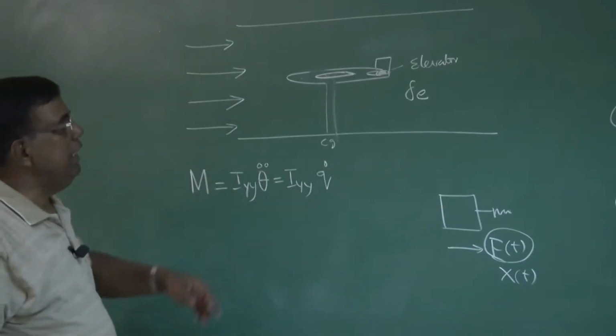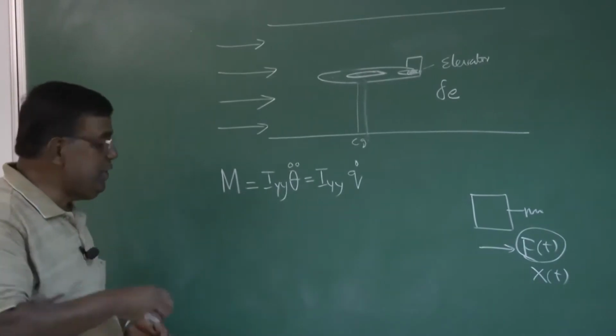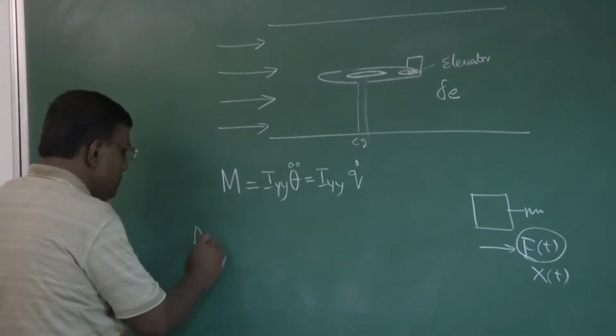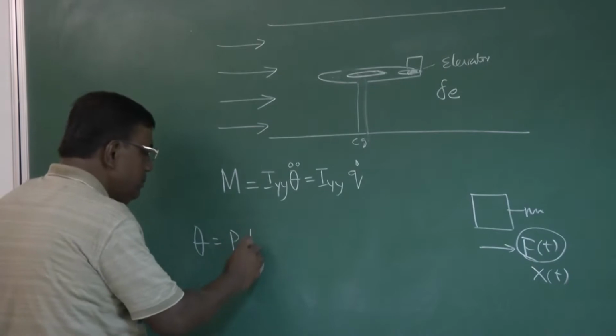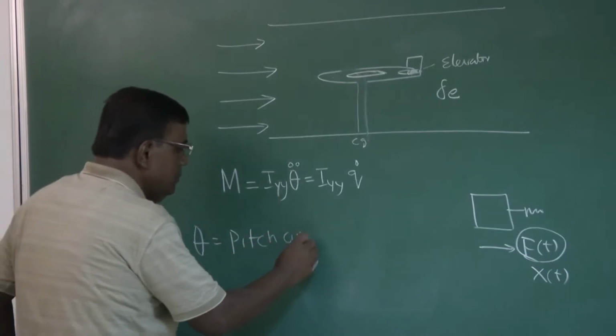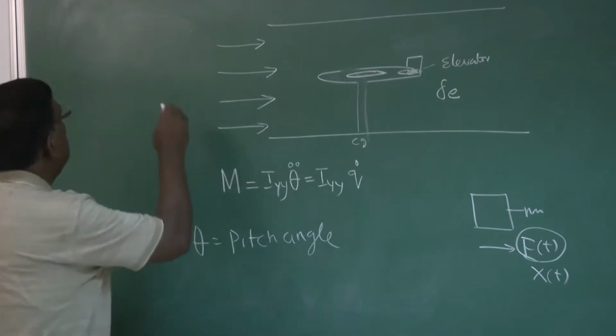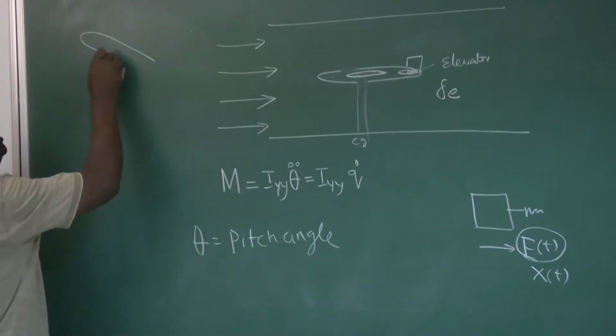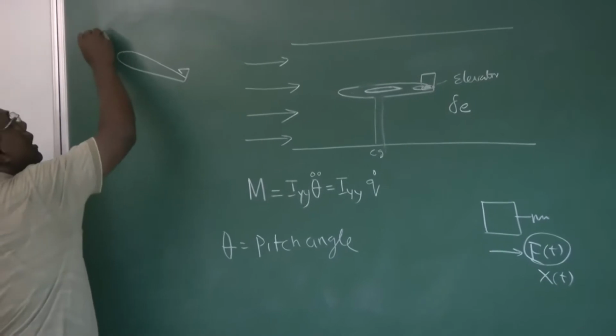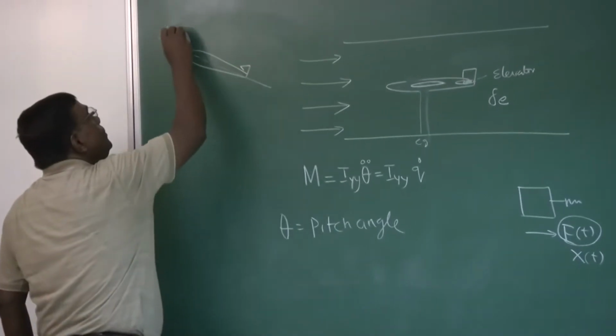Please understand what theta is. Theta is the pitch angle. Just to make you more comfortable, suppose this is the airplane, and this is the chord line.